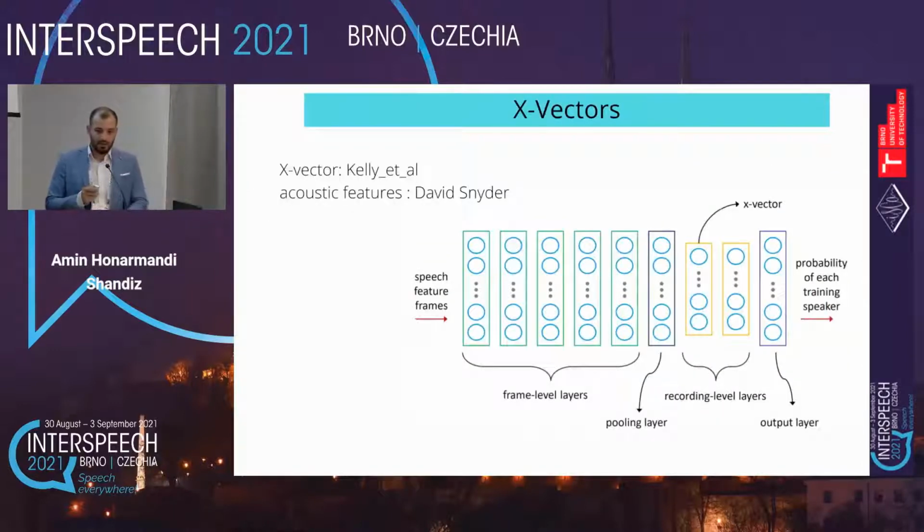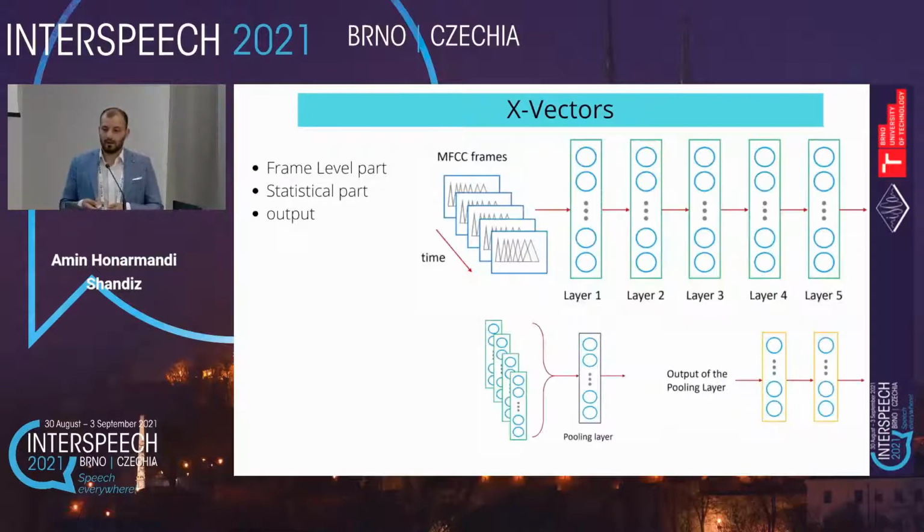So how can we implement this x-vector? There are three steps. As I said, the first step is some layers which extract features, and then the statistical layer, and then the output layer for training these x-vectors.